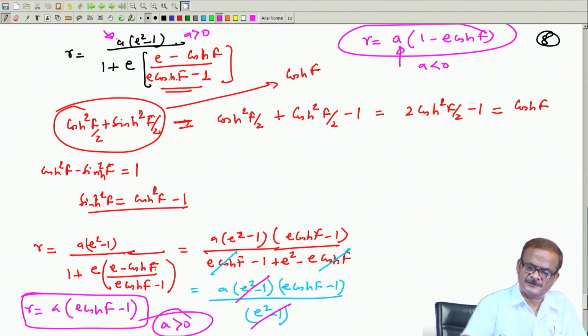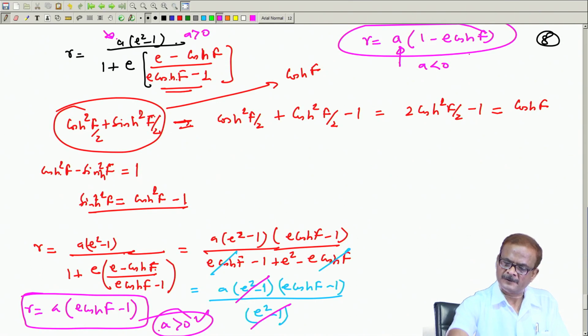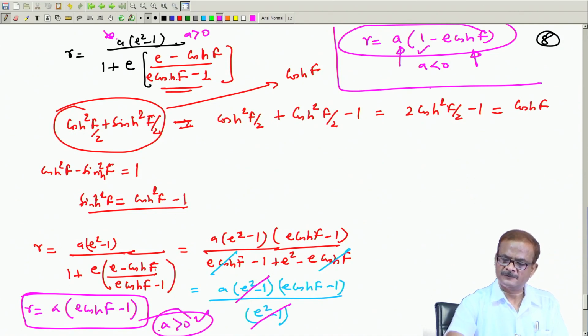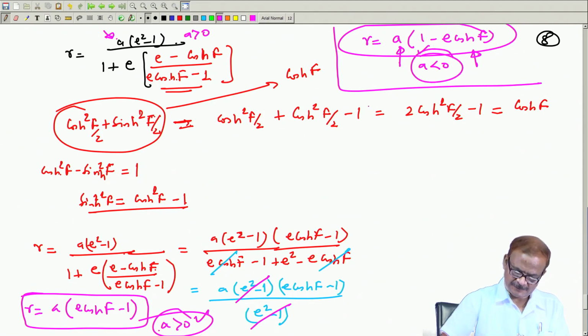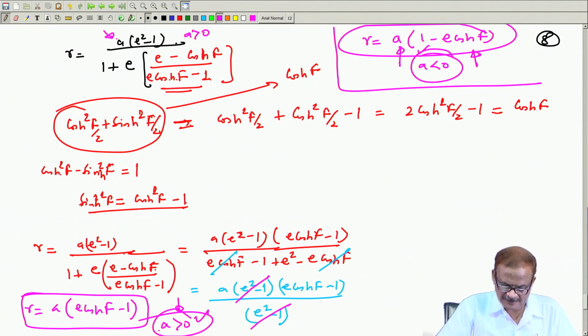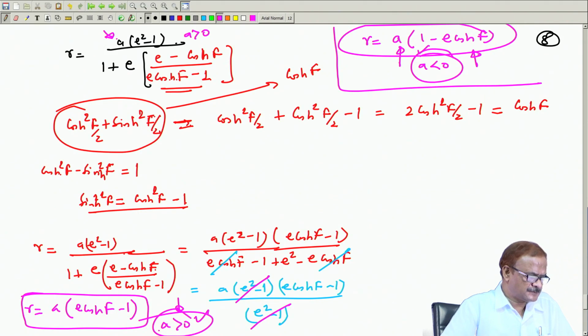Here a is greater than 0, and therefore in this expression a is greater than 0, and once we have proved this Kepler's equation for hyperbola, at that time you remember that I have taken r equal to this. Okay. So, you should always notice this difference, because different authors express things in their own way, and I have presented here both the ways it can be done. Okay. So, this is the expression for r.